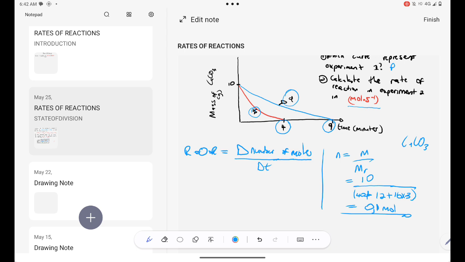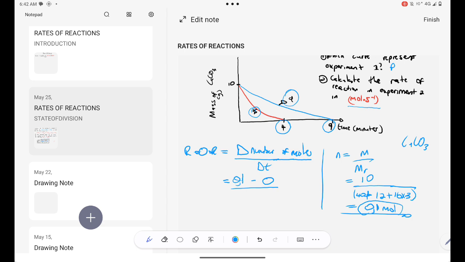So our calcium carbonate had 0.1 moles, guys, right? And this 0.1 moles got used up completely in 4 minutes for experiment 1, and in 9 minutes for experiment 2. So the change, the reacted moles, is basically going to be the initial number of moles, 0.1, minus the final number of moles. Finally, I had 0 left because calcium carbonate was my limiting reagent.